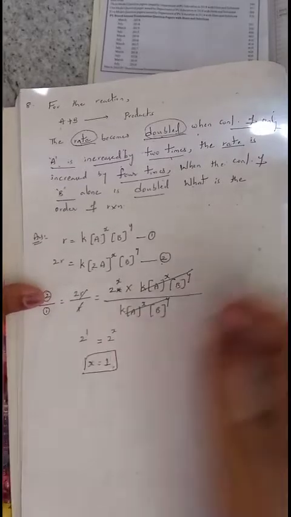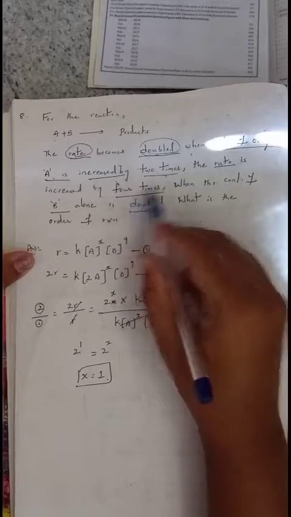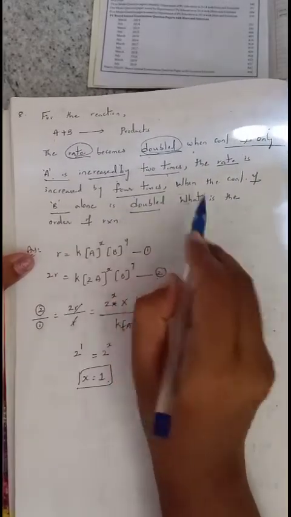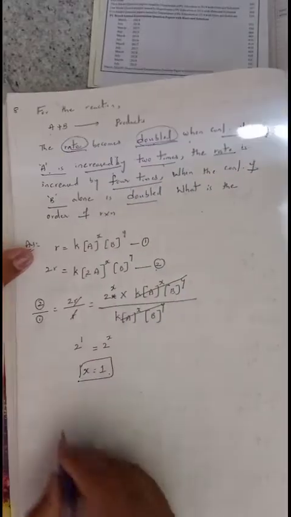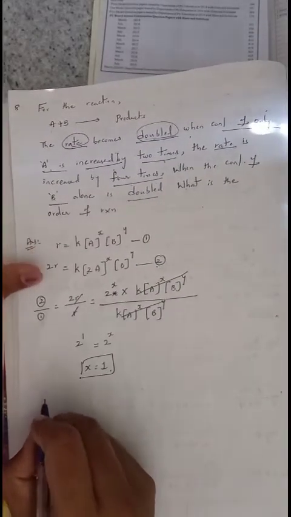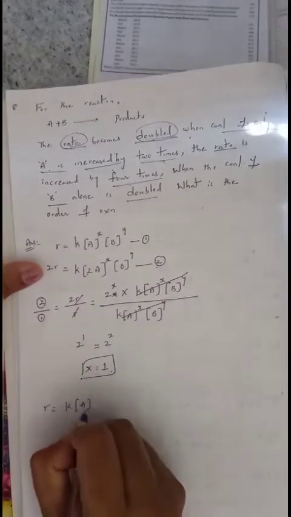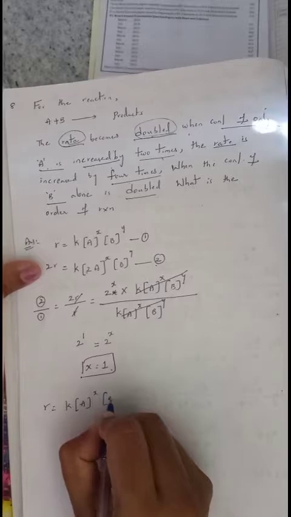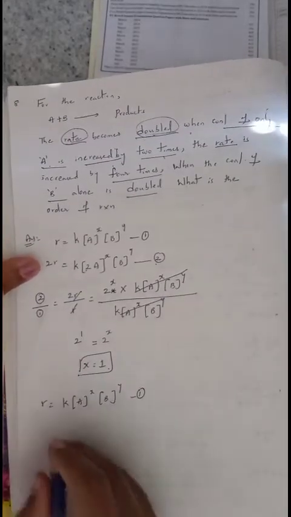Now the second one: the rate becomes 4 times increased whenever the concentration of B alone is doubled. When B concentration is doubled, the rate becomes 4 times. First, the original rate of reaction R equals K A to the power of x B to the power of y. This is the first equation.